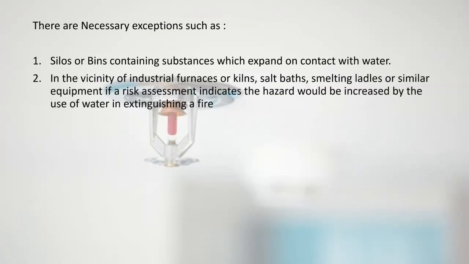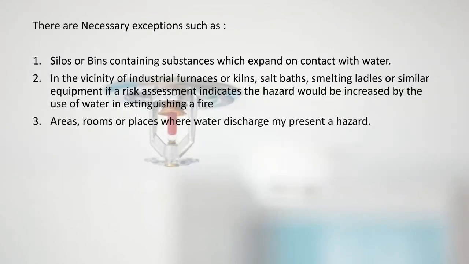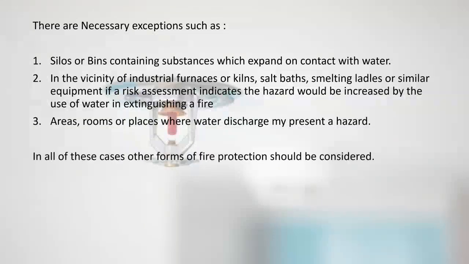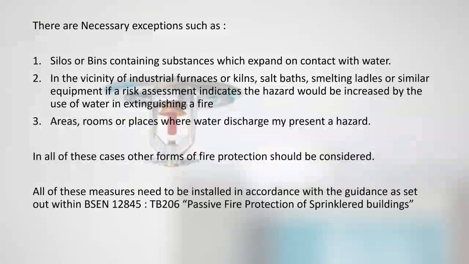Industrial furnaces, kilns, salt baths, smelting, anything like that, where the hazard would increase by the use of water in the extinguishing of a fire. Areas, rooms or places where the water discharge may present a hazard. In all these cases, other forms of fire protection should be considered, i.e. gas systems.